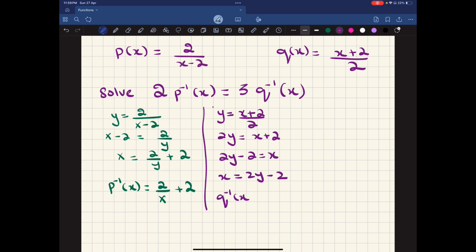Q inverse x is equal to 2x minus 2. So what have we done? We replaced q of x with y, step 1. Then we manipulated the equation such that x is the subject, step 2. And then we made replacements. X was replaced with the inverse function, y was replaced with x. So now we have both the inverse functions.